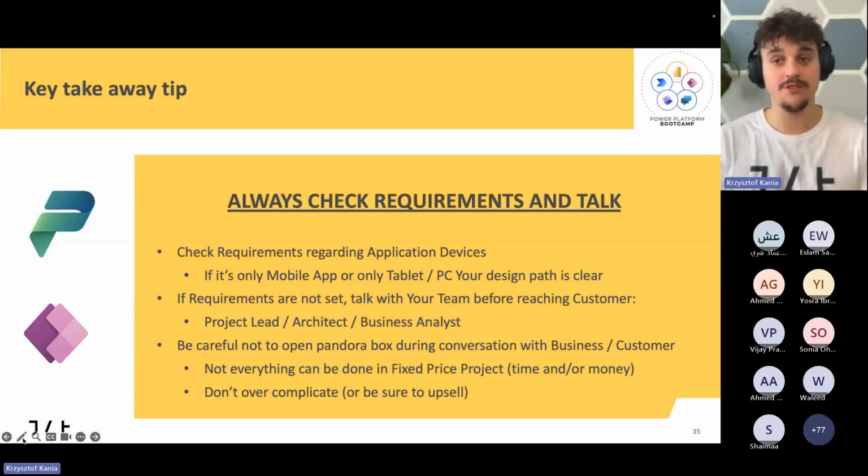Because the biggest question is, do we want to have a mobile application on our phones? Or will the user use only tablets, or tablets and PCs? For example, for the project that I'm currently working on, mobile devices are not allowed. We are not utilizing them due to too many UI UX changes, right?